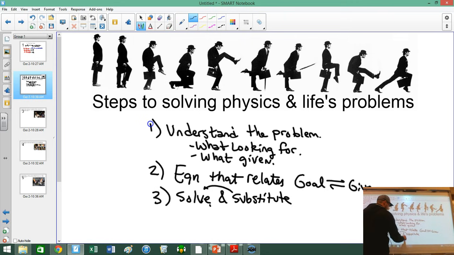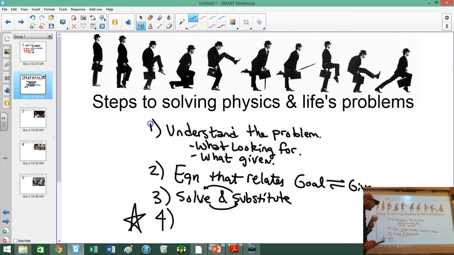Actually, you'd substitute your things in and then solve it. And then the fourth step, and the fourth step is the most important. You'd think it's all done right now, and you'd be right. The most important step in solving any physics problem is, does it make sense? Does this seem correct?